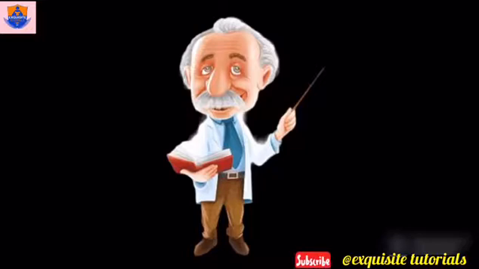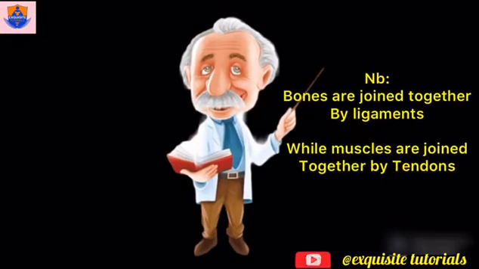Two bones are joined together by a tough elastic connective tissue called the ligament, while muscles are joined to bones by the tendons. Simply put, bone to bone equals ligament, while muscle to bone equals tendon.